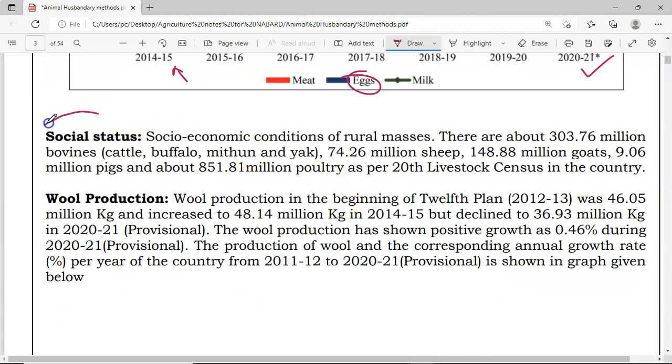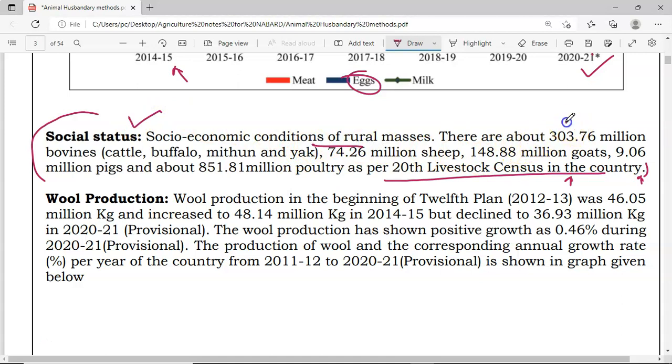Now, what is the social status? We will learn about the 20th Livestock Census in our country in a separate video. But you should have a basic idea of the social and economic condition of rural masses.